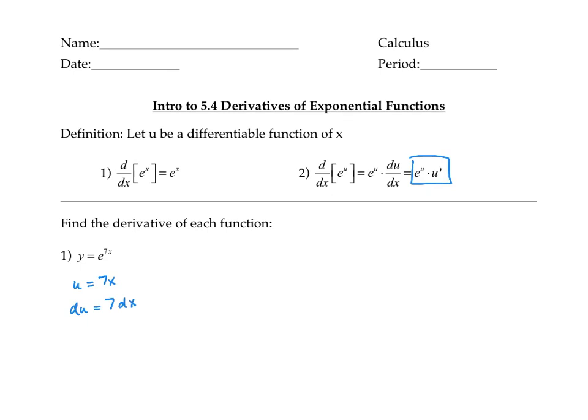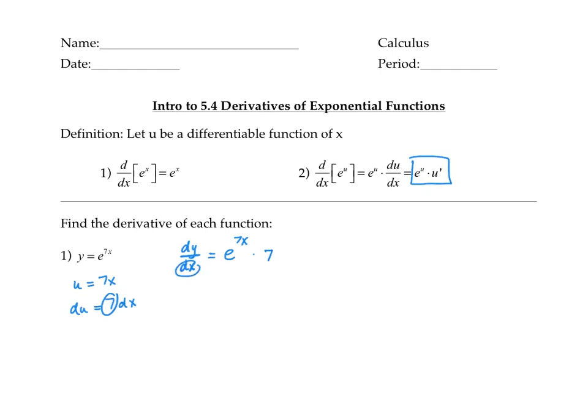Okay, so let's take a look here. We're going to rewrite this as the derivative of y with respect to x, so we won't have a dx on the right-hand side, and that's going to be equal to the function itself, e to the 7x, times its derivative, which is just 7. And again, not writing the dx on that side because it's right here.